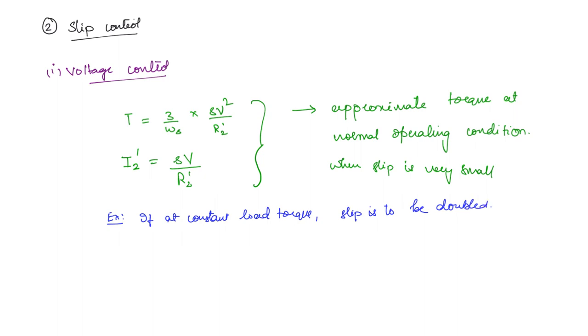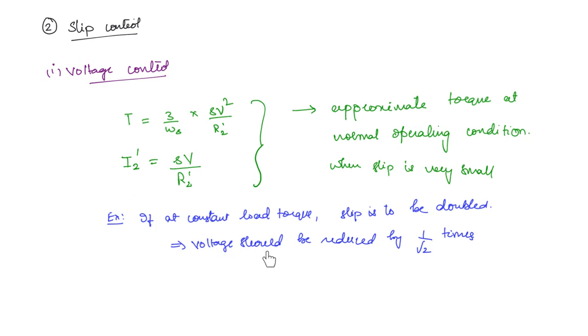We should reduce it by 1 by root 2 times, because 1 by root 2 whole square will become 1 by 2. So for a constant torque, slip will become 2 times of the original slip.